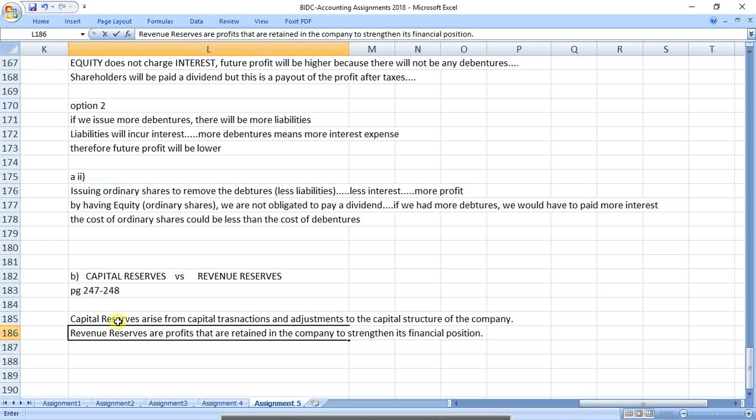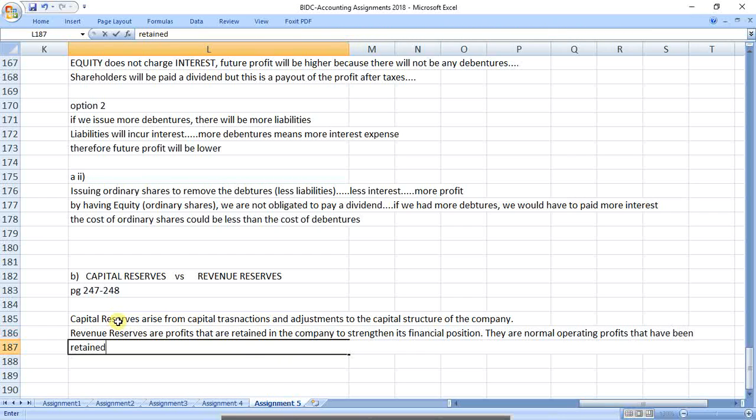The definition goes on. They are normal profits that have been retained. Let's just add the words normal operating profits, because the textbook puts a bracket there. So they are normal, or normal operating, profits that have been retained.